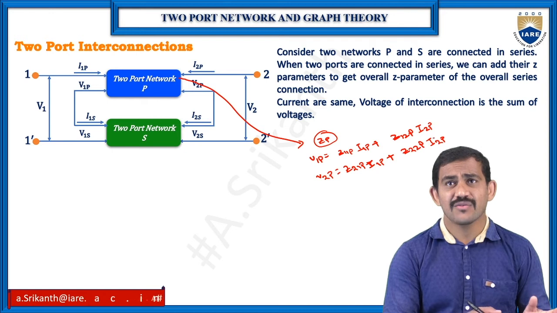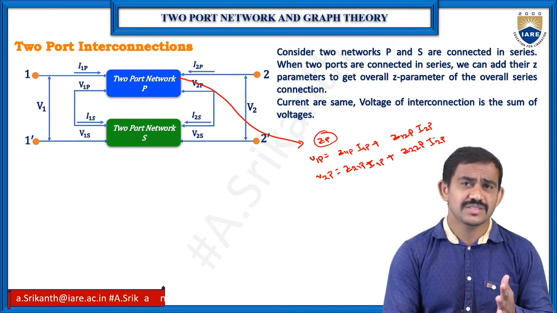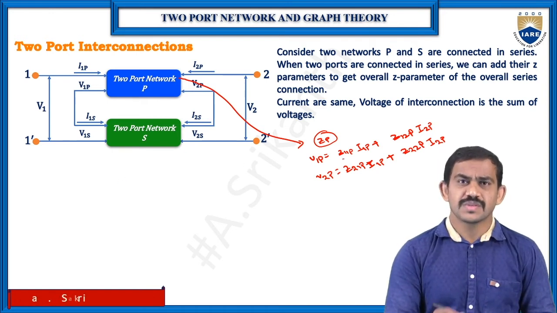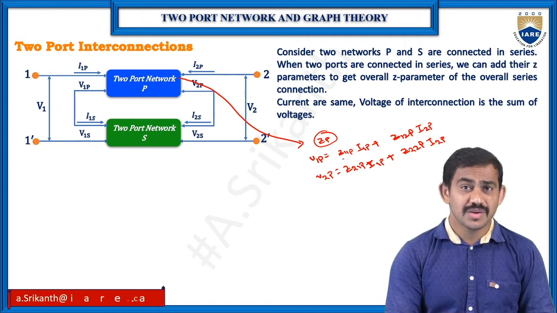So which values do we have in Z networks? The impedance values, V1 and V2 in the form of I1 and I2.